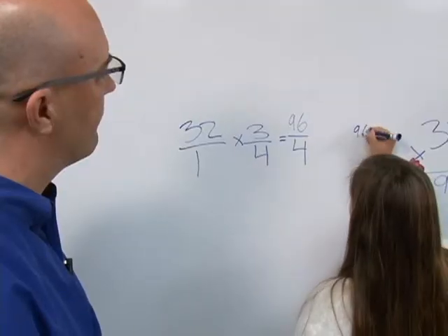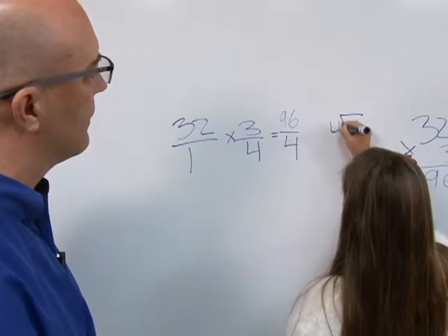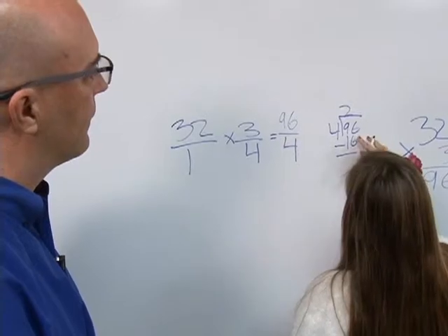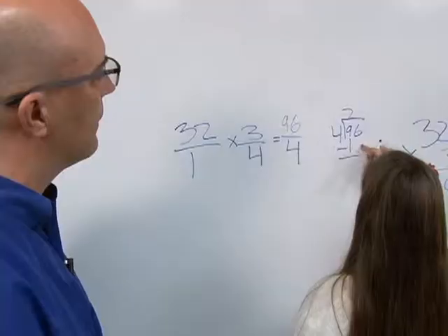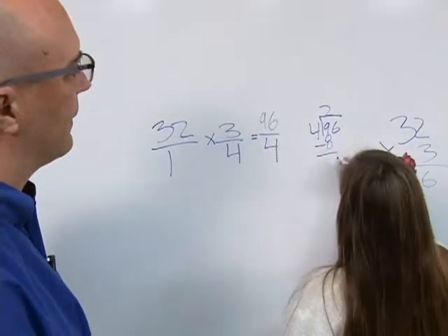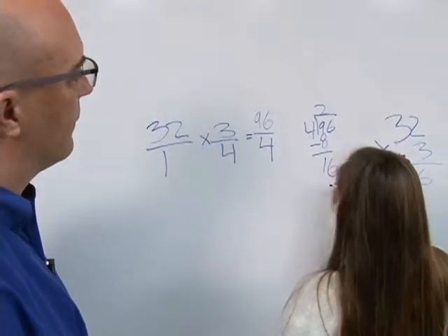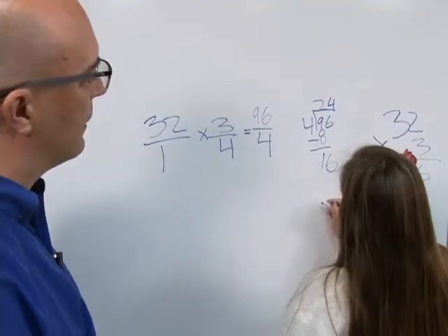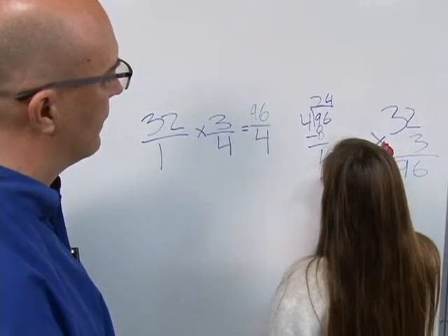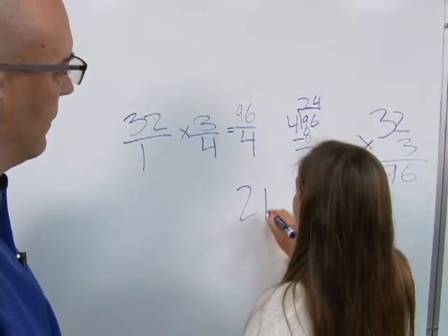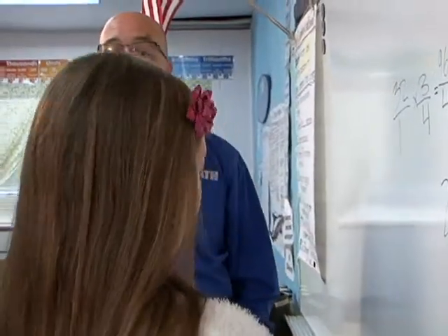So 96 divided by 4, that goes in 2 times, and that's 8. Then 16, and 4 goes into 16 4 times. So that's 0. So it would be 24. So 24 are red tiles.